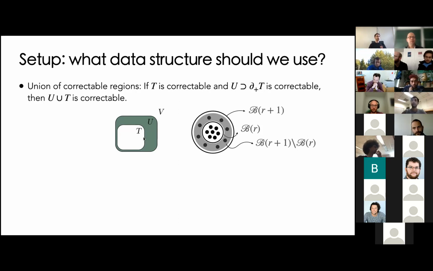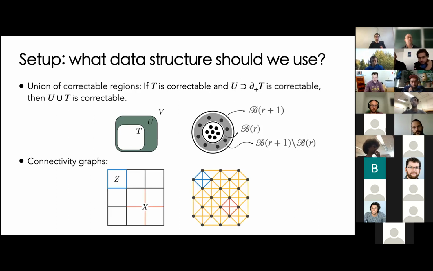That is going to come down to understanding the connectivity properties of this graph, namely, when I go from the first ball to the second ball, how many extra qubits do I encompass? The natural way to phrase this is in terms of something called a connectivity graph. So this is a many-to-one map.